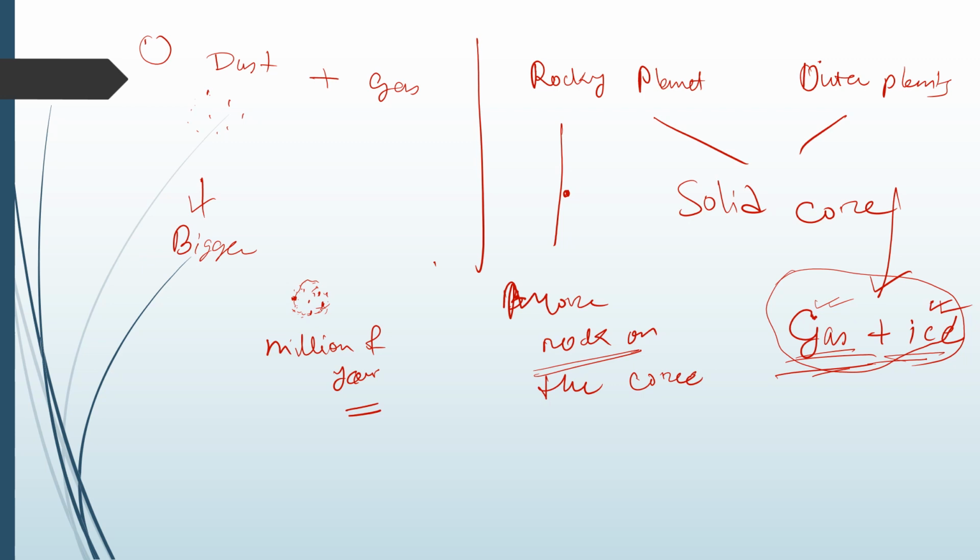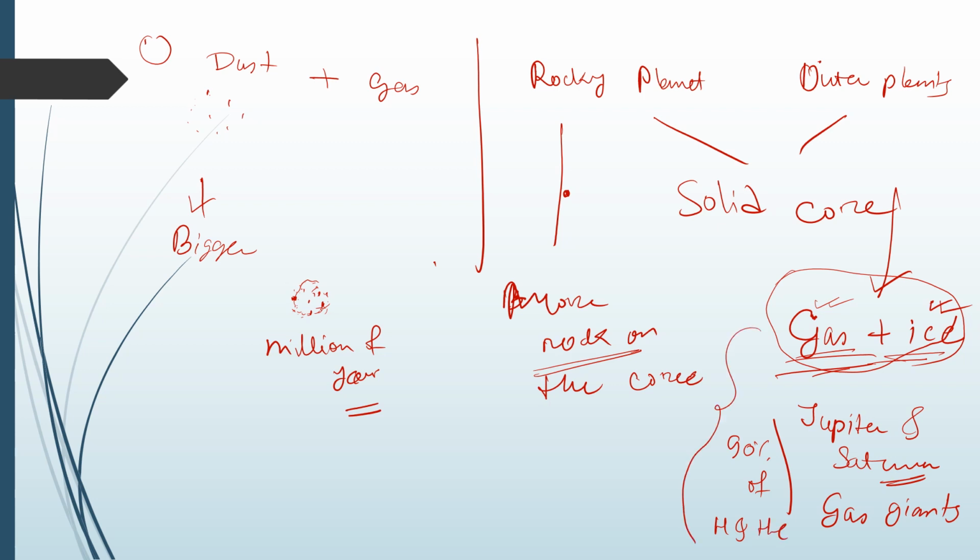So Jupiter and Saturn, obviously, are gas giants. They are made up of gases, and they have 90% hydrogen and helium.